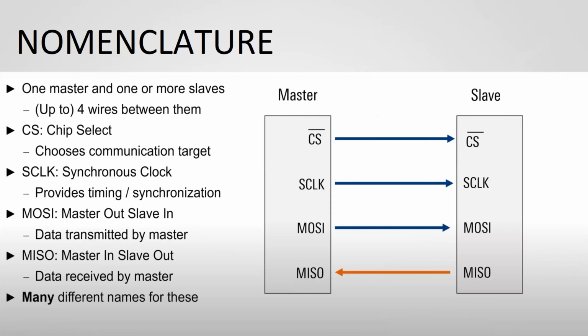Now when we get more involved in SPI, this is the construction of SPI. There will be a master and a slave inside the SPI protocol. We have a few lines connected between them; as I have already told you before, there will be 4 lines available all the time. These 4 lines will decide whether the master has to receive the data or send the data.